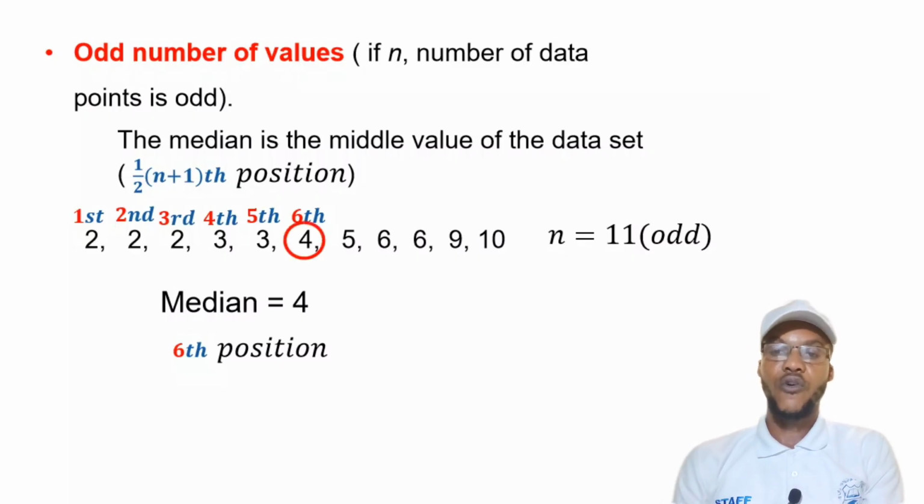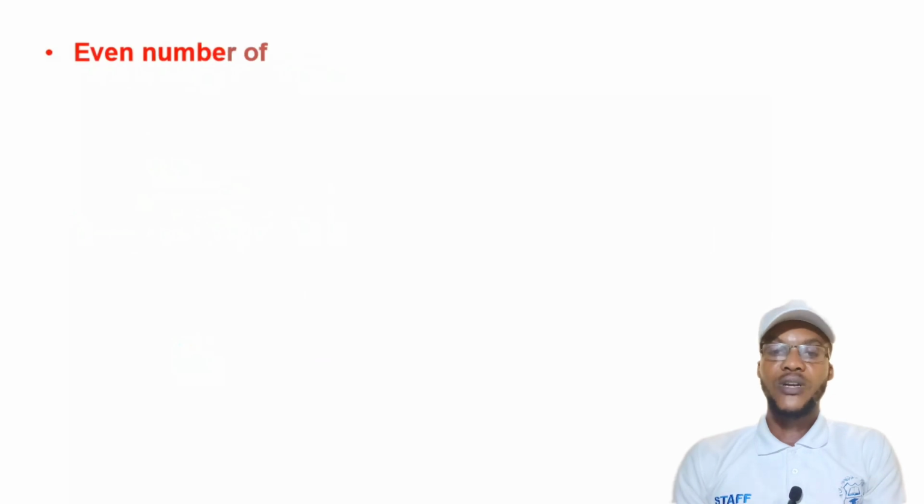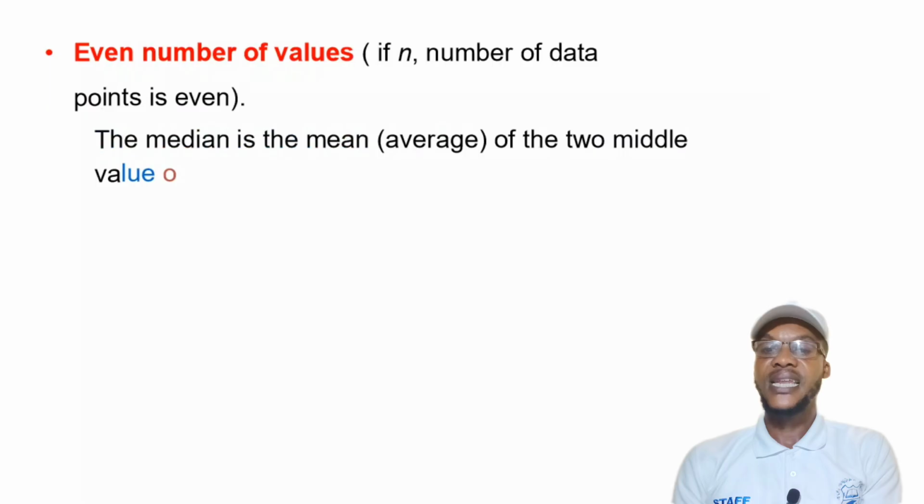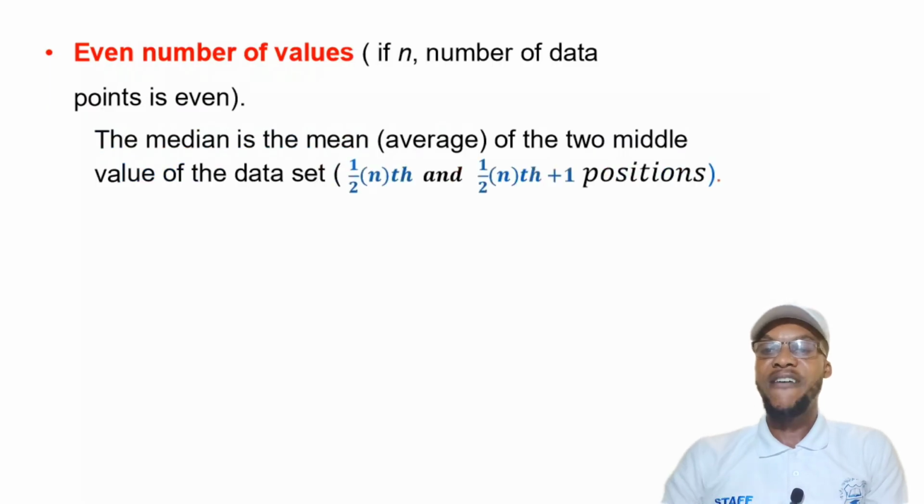Okay, so we move on. Now, another condition: what if the n value, the number of data points, is an even number? How do we find the median? We are saying that if it is even, then the median is the mean or the average of the two middle values of the data set.